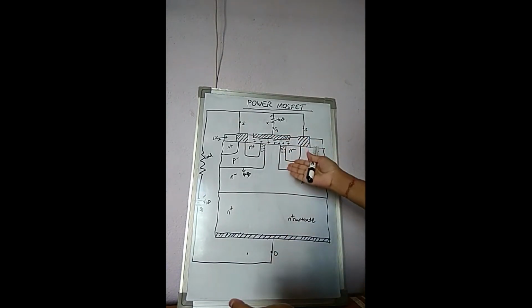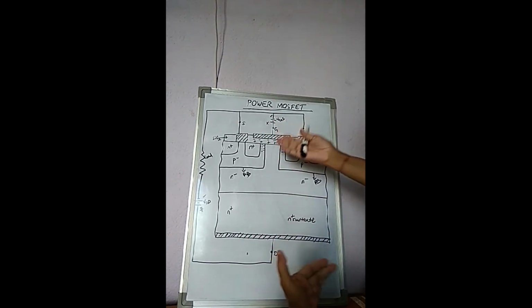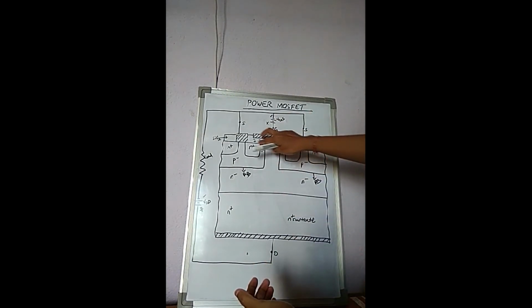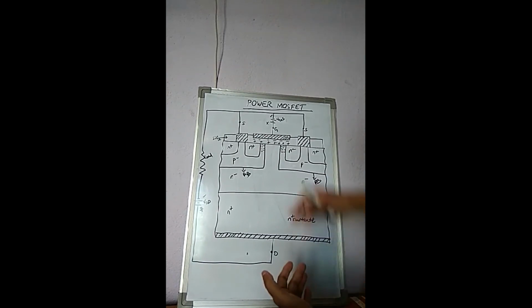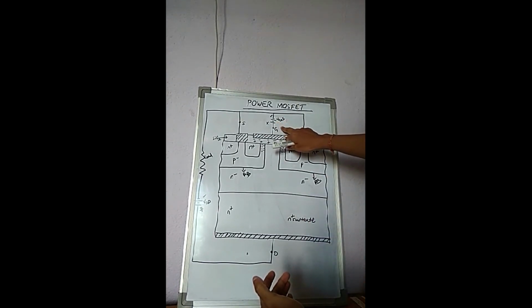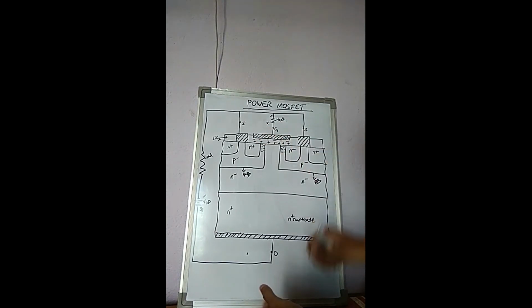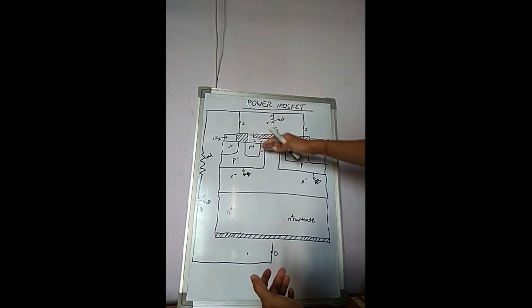As I said before for the low power MOSFET, the same happens here. This is a conducting layer, this is a conducting layer, and in between these two conducting layers there is an insulating medium. So if we make the gate positive with respect to the source, first a negative field develops, and then by this negative field the respective positive fields are developed.